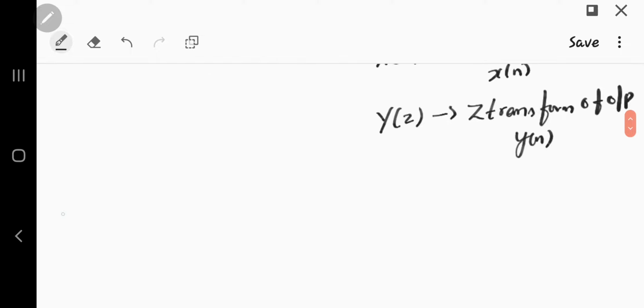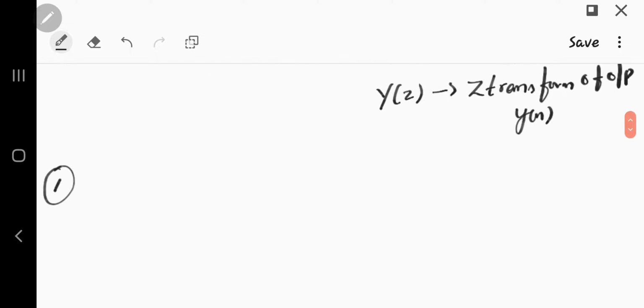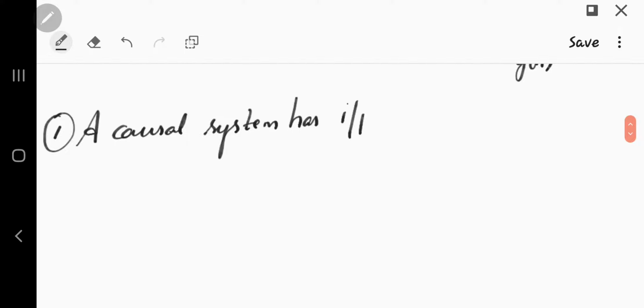Here is a problem. It is given that a causal system has input x of n and output y of n.